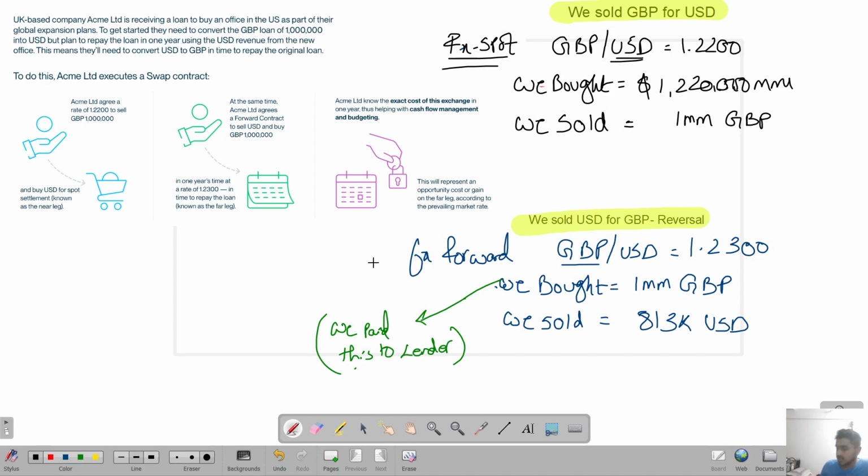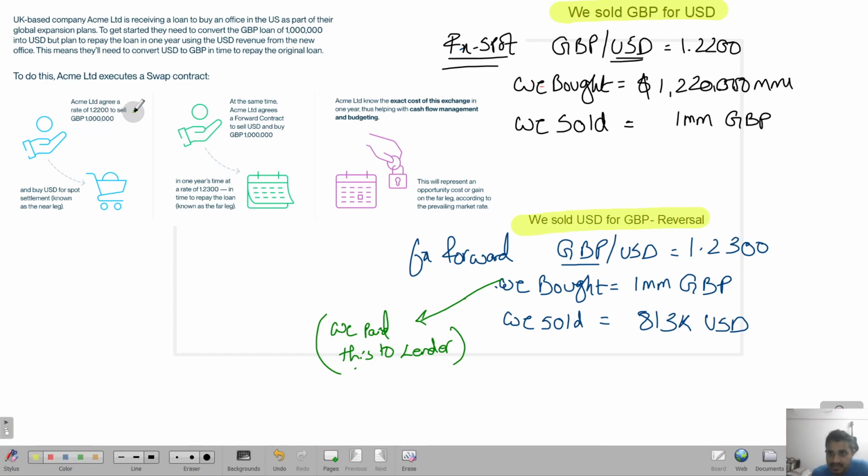If we take the example that is given here, to do this, Acme executes a swap contract, that is the FX swap contract. Acme agrees at a rate of 1.22 to sell GBP and buy USD.